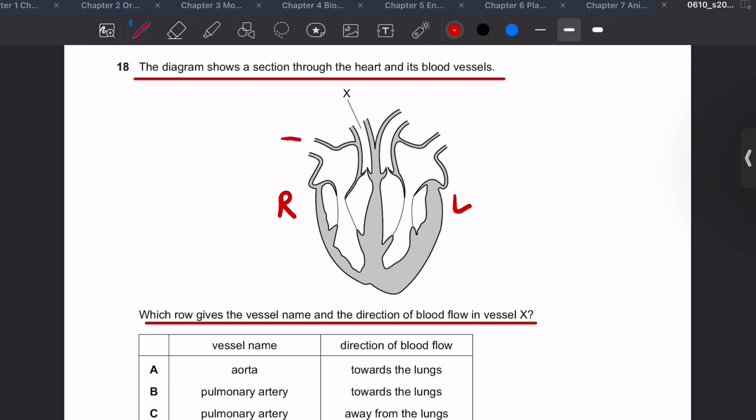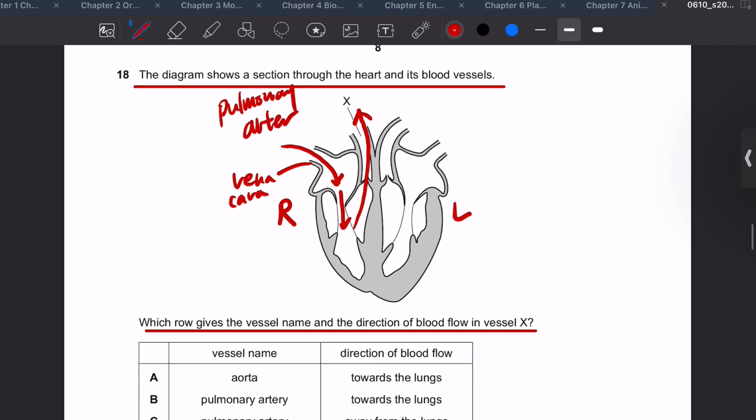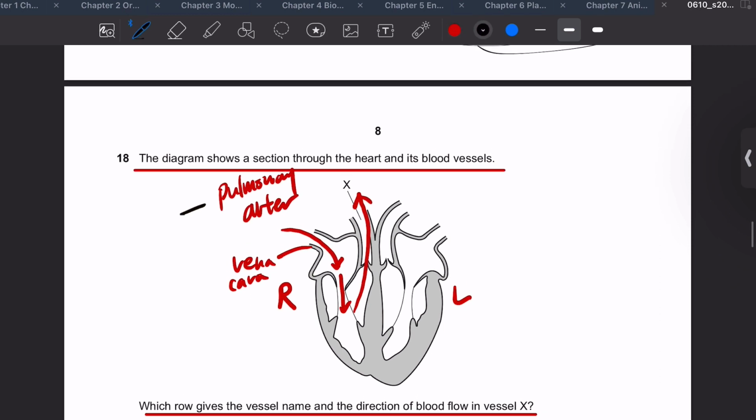So the right side of the heart receives the blood through a vein called vena cava, and it enters the atrium and then ventricle, and it goes out of the heart by an artery called pulmonary artery, because the term pulmonary means the lungs, and artery always transports the blood from the heart.